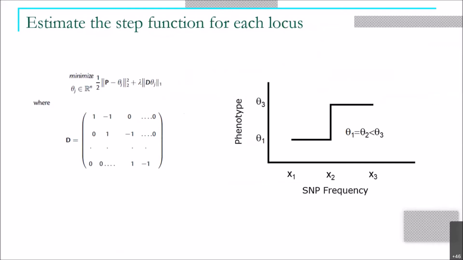The D function, which is a matrix linear operator, basically penalizes you for each step that you take where the values are different. So for example, if the contribution of this particular SNP value to the prediction of the phenotype is uniform, there is no step taken and the penalty function goes to 0.